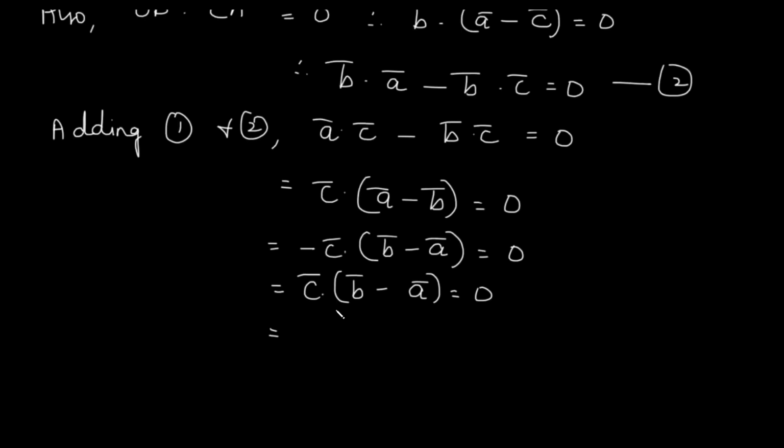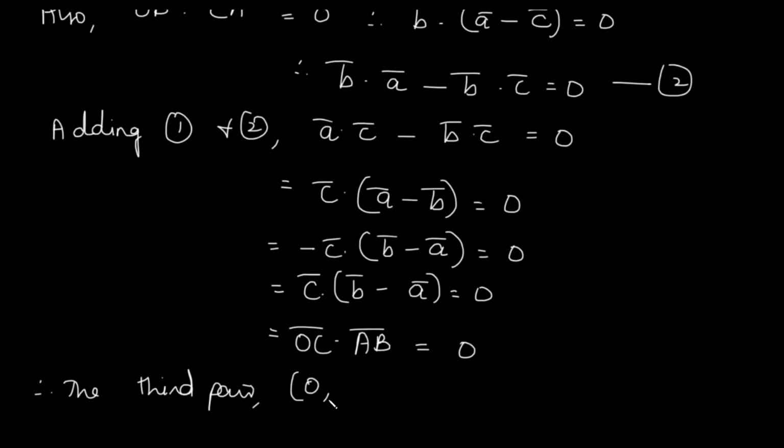Now from this, C means OC bar and B minus A means AB bar. So thus OC dot AB is equal to 0. Therefore, the third pair, that is OC and AB, is also perpendicular.